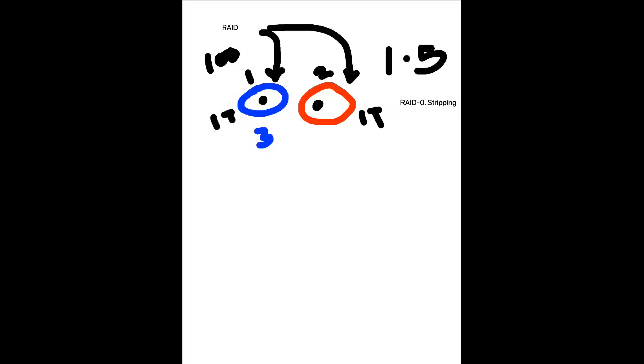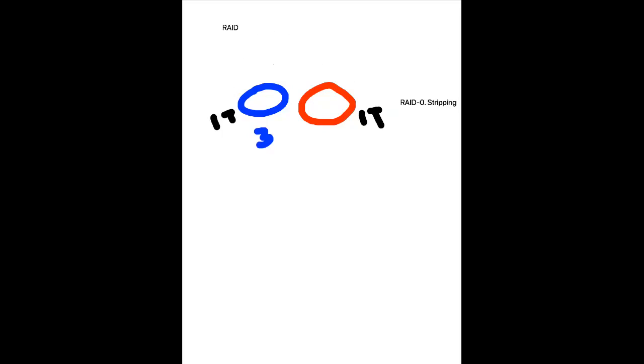I think I started with something like, whenever you want to store data, something like 100 MB of data will be divided, and it's not exactly 50 MB.